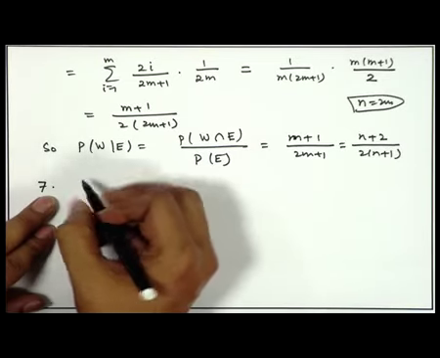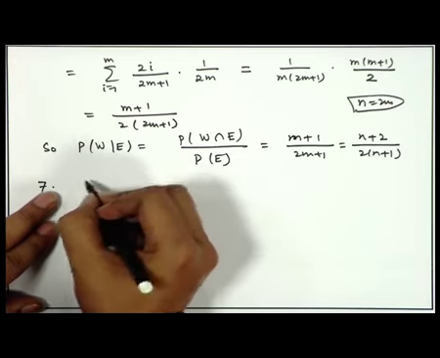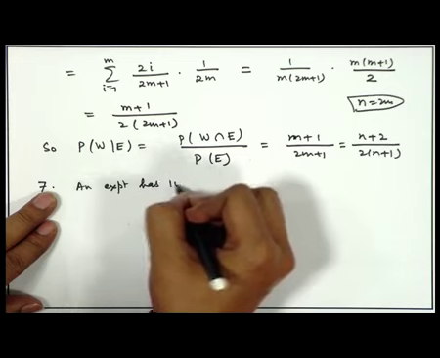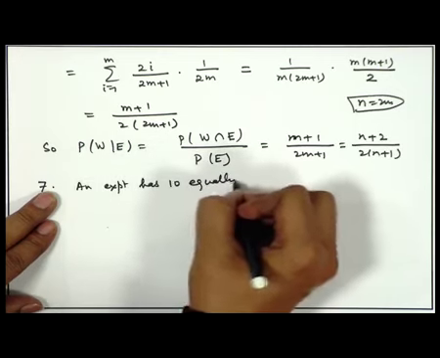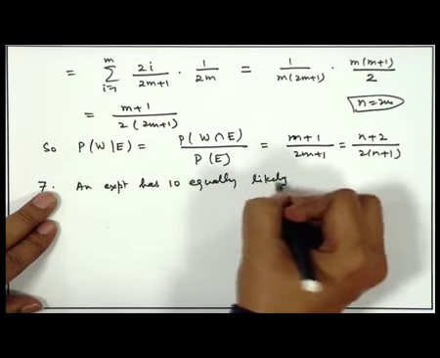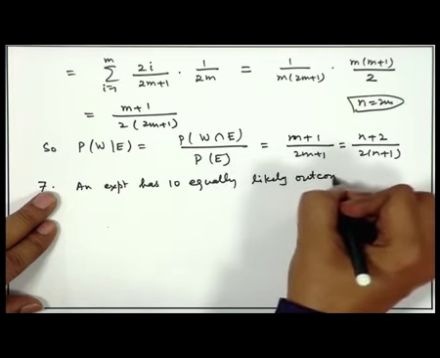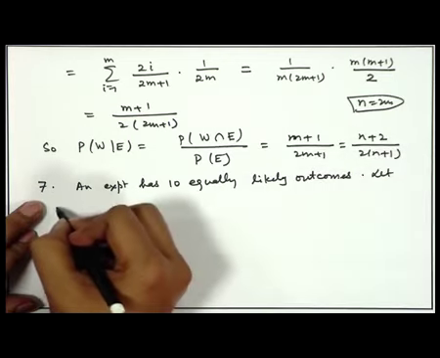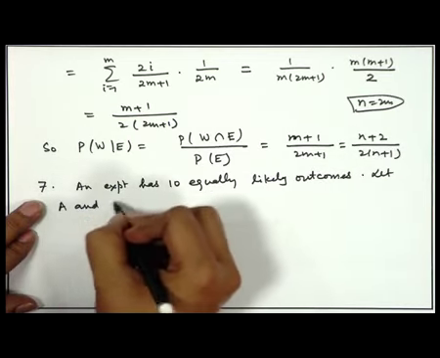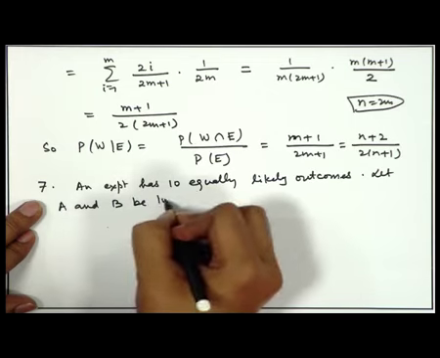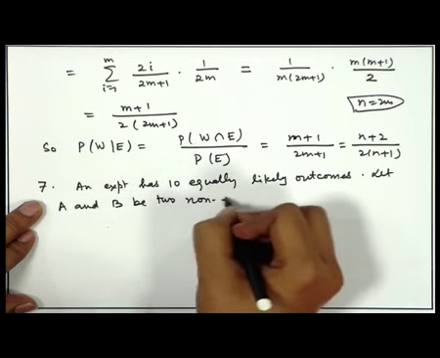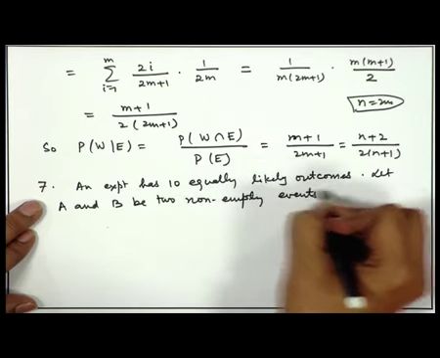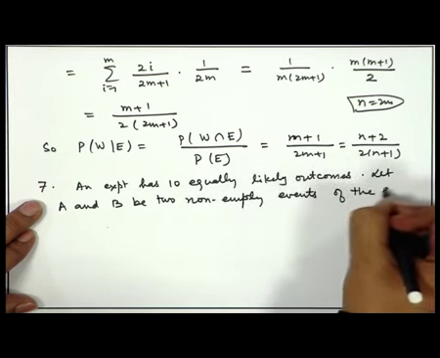There is another problem. An experiment has 10 equally likely outcomes. Let A and B be two non-empty events of the experiment.